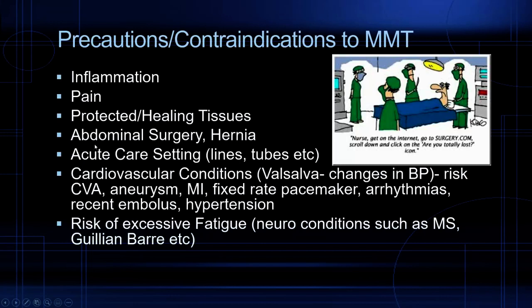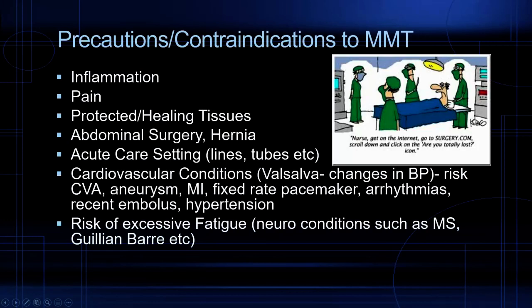That also would put a risk of tearing out any abdominal sutures, okay? If they're in the acute care setting, you want to use precaution when you're doing manual muscle testing if they have an oxygen tube or any IV lines or anything like that. Just don't cut off a vital supply of oxygen to the patient by doing a manual muscle test.